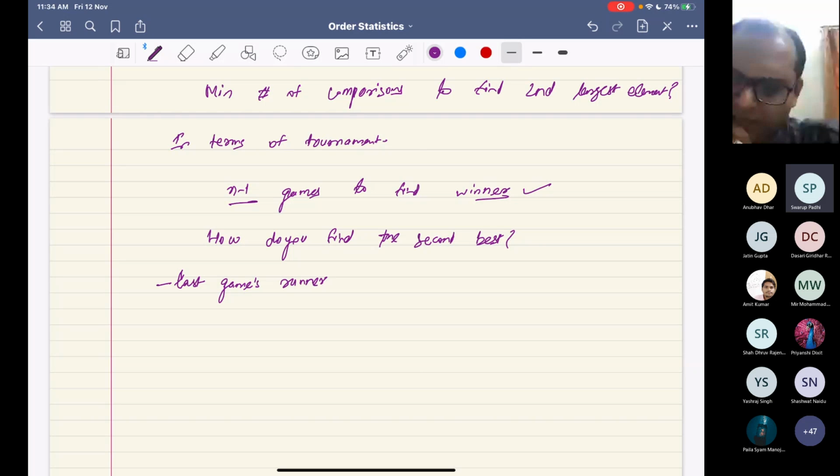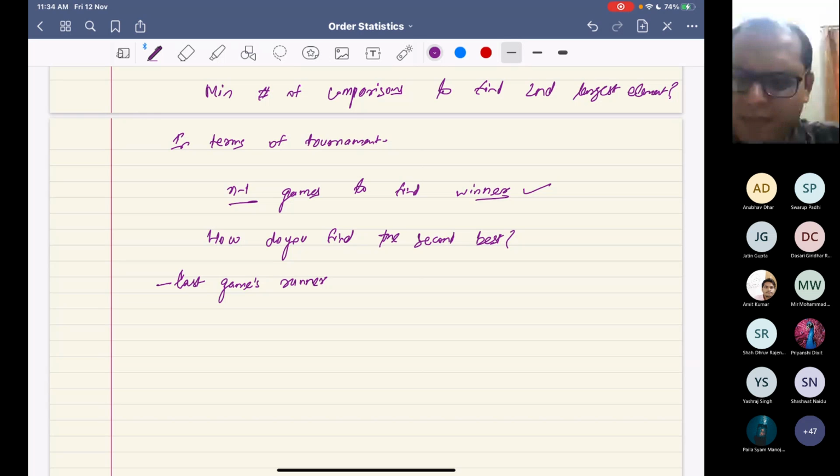See, when you say he would have lost in the final, you are assuming many things, that there would be a particular structure and there would be a final. But think about your elements again. The second largest element might be knocked out in the first game itself with the best.